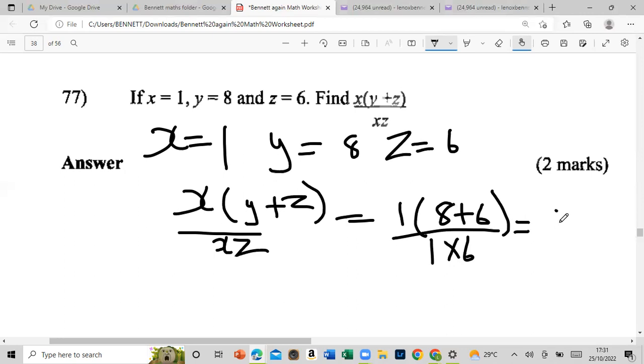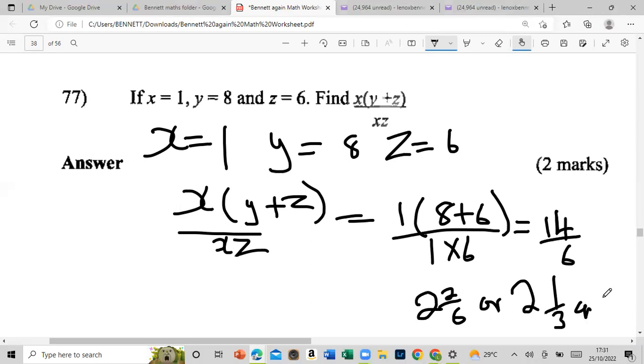So it's 1 times 14 is 14. Alright, 1 times 6 is 6. 6 into 14 goes 2 times, 2 sixes are 12, remainder 2. We can break down this 2 and 1/3.